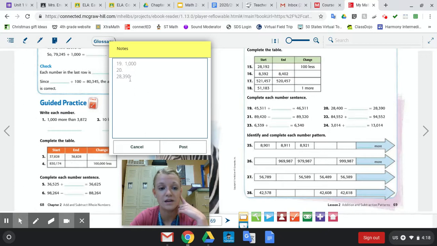Maybe you can take 390 and let's add 100 to it. Well, when I add 100 to it, it becomes 28,490. And this is 390, so it can't be 100. So let's try 10.